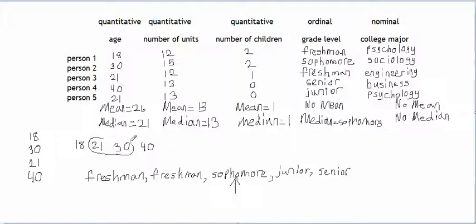How can we find the median if we have 2 middle values? What you do is you add the 2 middle values and divide the total by 2. You find the mean of the 2 middle values. And then the mean of the 2 middle values is the median.